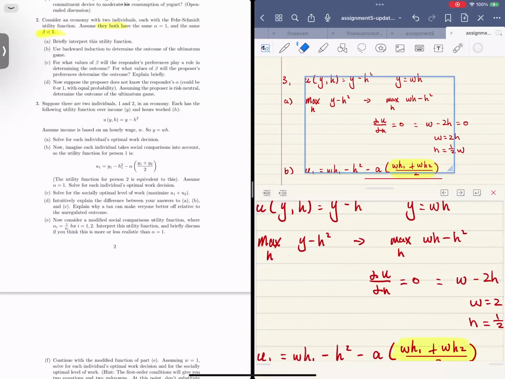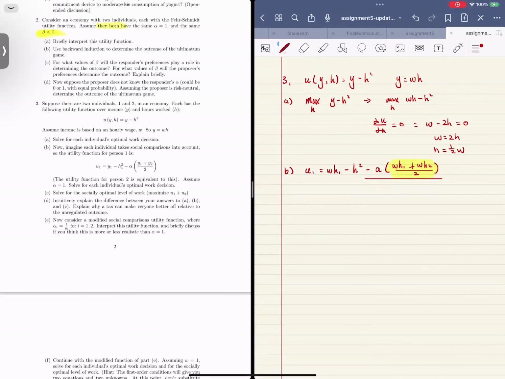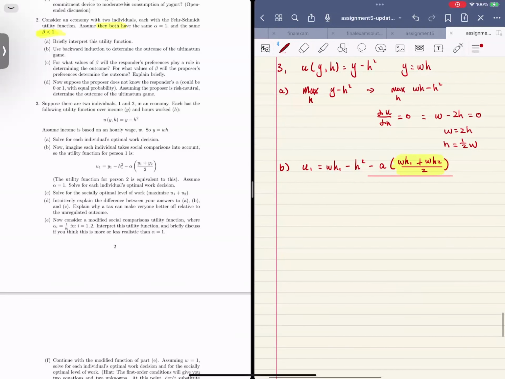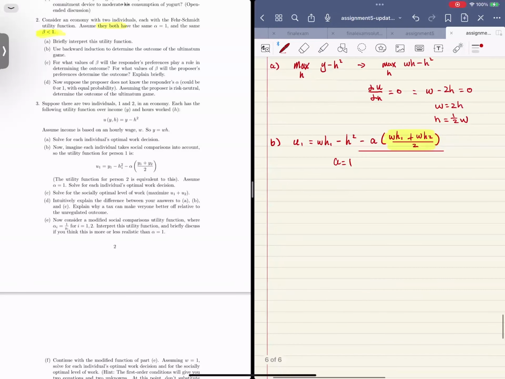Okay, so let's briefly optimize this. We're assuming a equals 1 in this case.